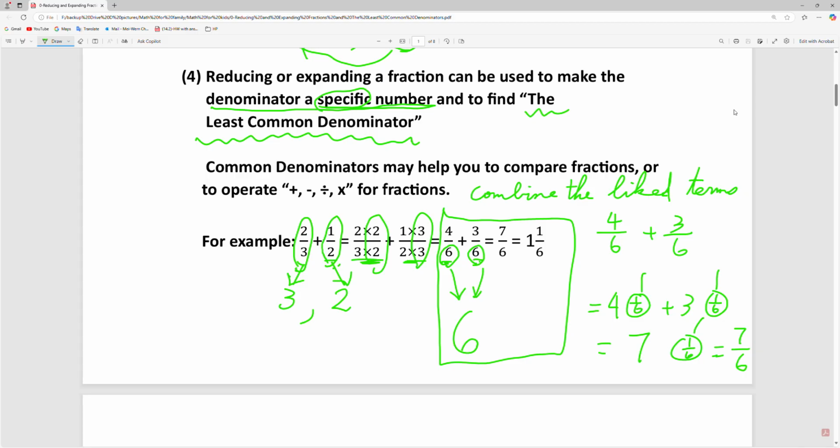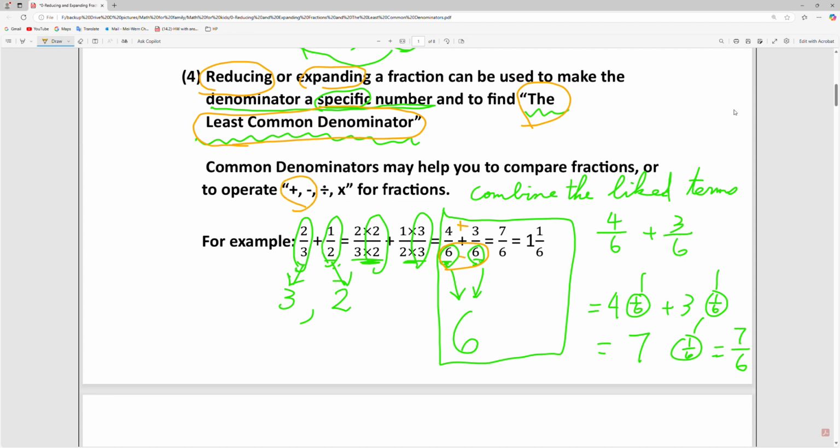So with these two methods, reducing and expanding a fraction, you can use these two concepts to find the least common denominator. After you have the common denominator, it's easy for you to add, subtract, or even, when you need, multiply or divide. Okay, so let's go to the next page.